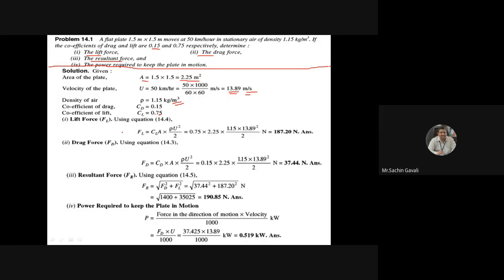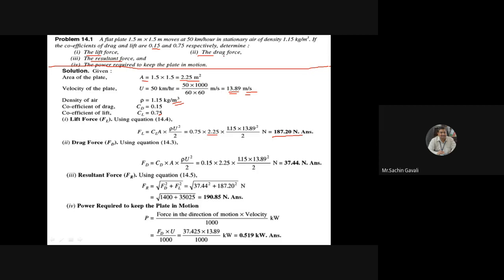FL is equal to CL A into rho U square divided by 2, which is 0.75 into 2.25 into 1.15 into 13.89 square divided by 2. Therefore, it will become 187.20 Newton. So we only have to use the relation.